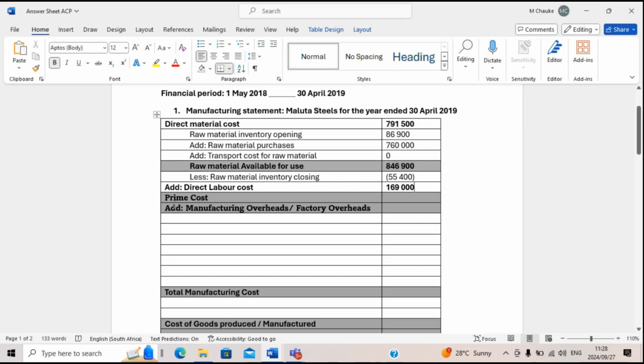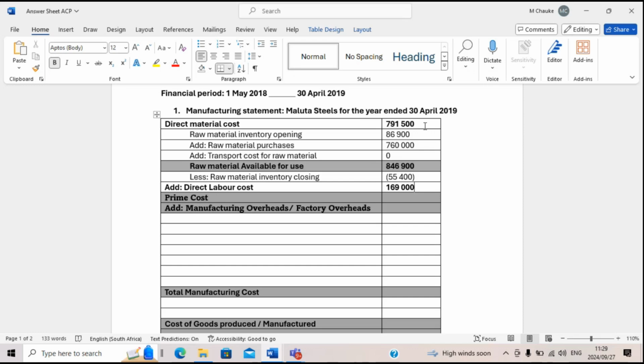And then prime cost or primary cost. Prime cost is calculated as follows. You say direct material cost of 791,500, you add direct labor cost of 169,000.